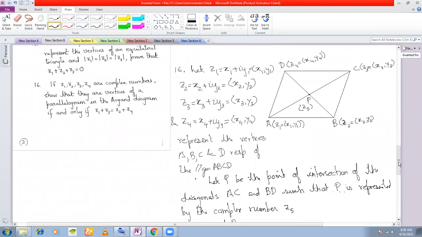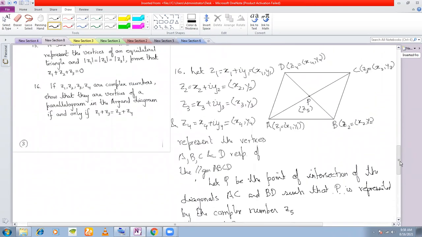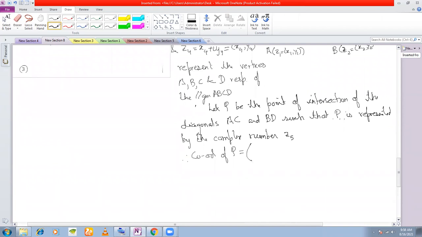So therefore the coordinates of P should be X2 plus X4 by 2, comma Y2 plus Y4 by 2, right? So therefore what is the complex number Z5? X2 plus X4 by 2 plus I times Y2 plus Y4 by 2, right?